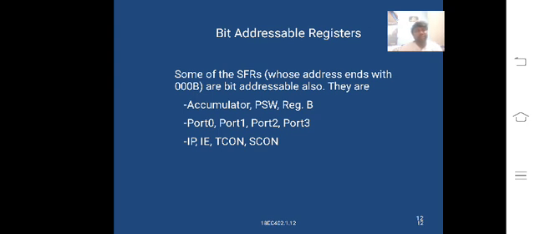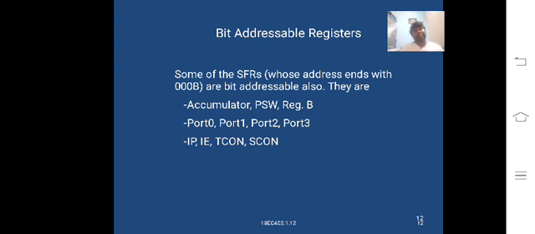They are accumulator, program status word, register B, port 0, port 1, port 2 and port 3. Interrupt priority, interrupt enable, timer control and serial control. These are the bit addressable registers.